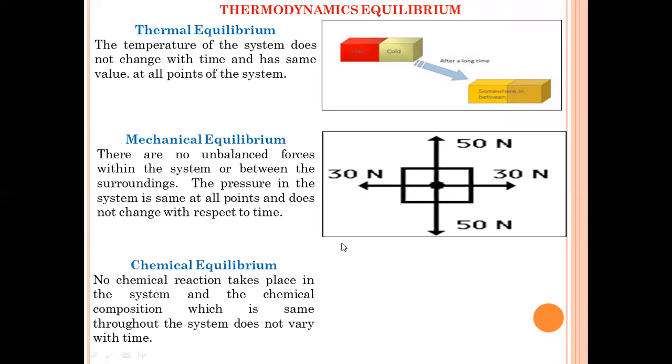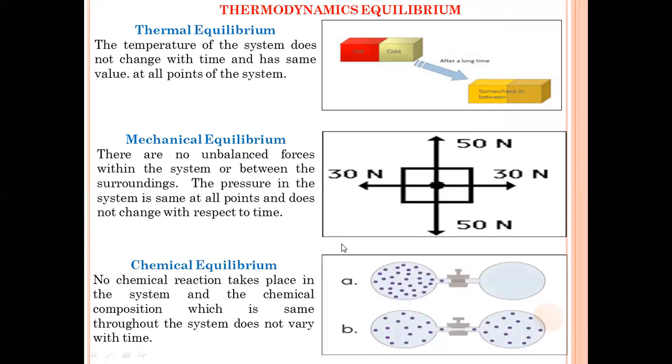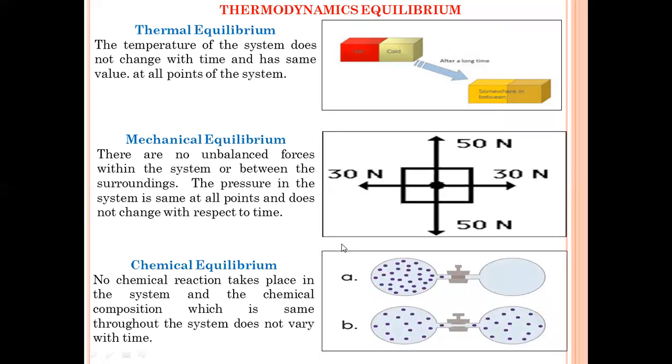For attaining the state of thermodynamic equilibrium, these three different types of equilibrium must be achieved by the system. Only then can we say that the system is in thermodynamic equilibrium. Thermal equilibrium: the temperature of the system does not change with respect to time and has the same value at all points of the system.